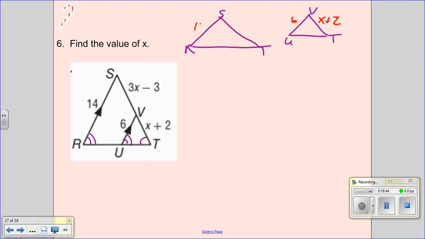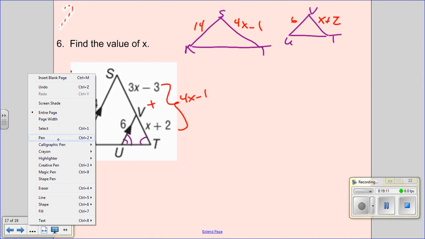SR is 14. And now we have to find ST. We find ST by combining these 2 segments. So you have to add these 2 segments together. So 3x and x will make 4x. Negative 3 and positive 2 will give you a negative 1. So when you combine both those pieces, you have 4x minus 1.